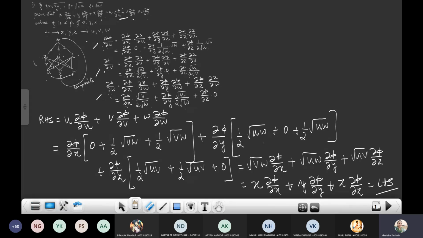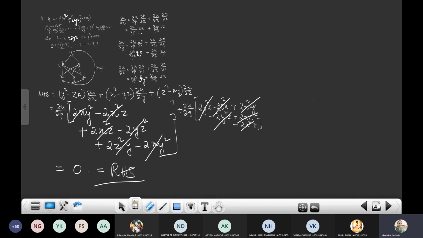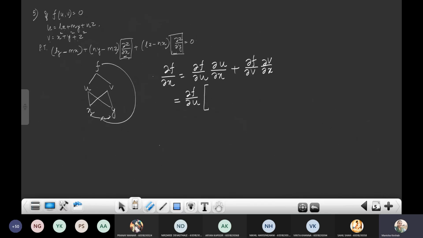OK, so we can always find out phi if we are considering it as a composite function of u, v, w. That means we can easily find del phi del u, del phi del v, del phi del w. So the same way here, we have drawn the tree diagram and we saw that f is a function of x and y.